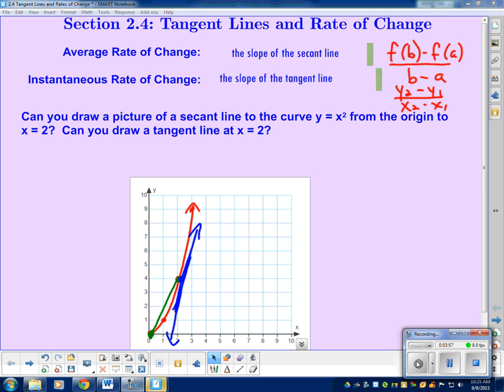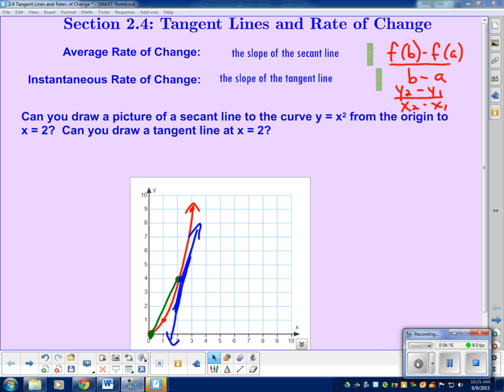Would you agree that these two have different slopes? Yes. One of them represents the average rate of change over an interval, and the other one is the instantaneous rate of change at a particular point. So you can figure out what they're talking about in context.